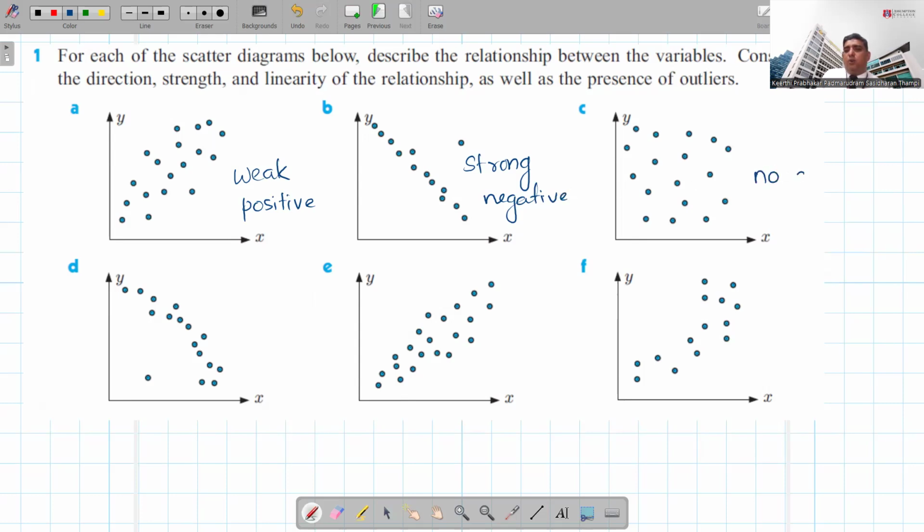This here is no correlation. This is a moderate positive. This is a strong negative.